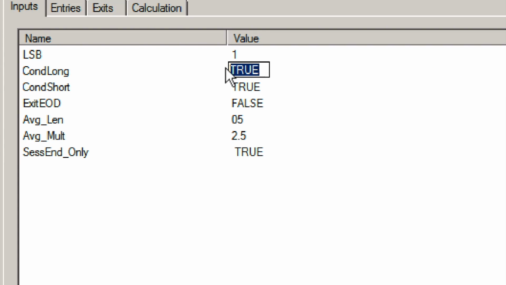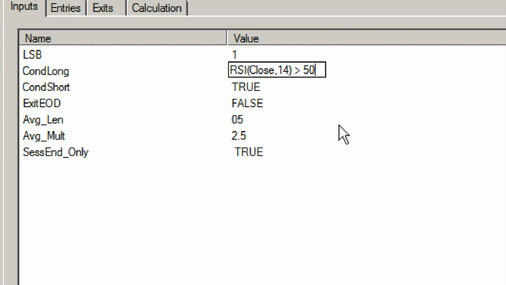What you can do in here is enter any valid EasyLanguage statement that evaluates to true or false. And what this acts as is a filter. So this is a custom filter you can access and build and test without actually coding. So for example, the long condition, which is the one we're on now, we're only going to take long trades if the breakout occurs when the RSI of the closing price with a period of 14 is greater than 50.